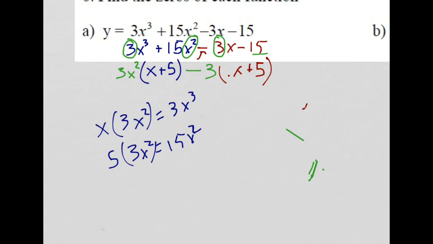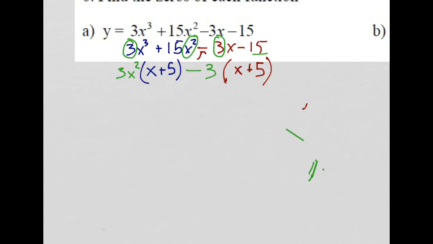Okay, so now I have x plus 5 and x plus 5 in each of my two terms. Term 1 being 3x squared times the quantity x plus 5. Term 2 being negative 3 times the quantity x plus 5.